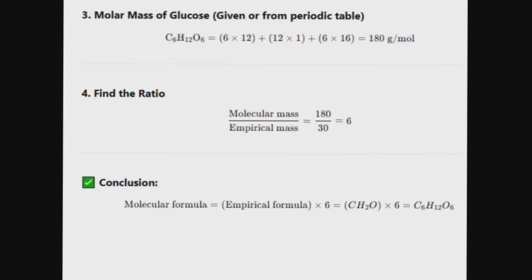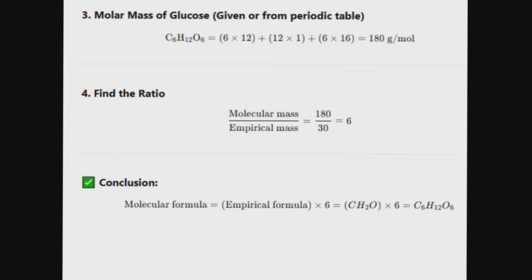And if we want to find the molar mass of glucose, C6H12O6, that is 6 times 12, 12 times 1, 6 times 16, which gives us 180 grams per mole.